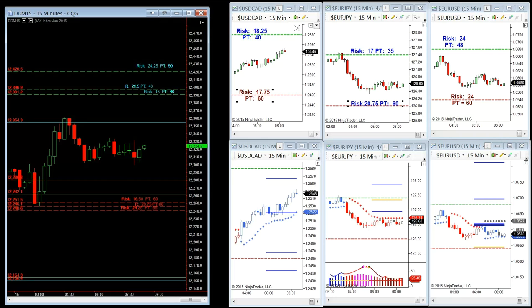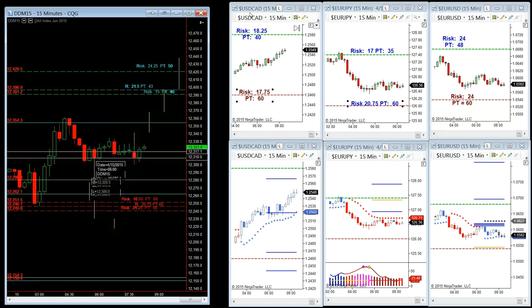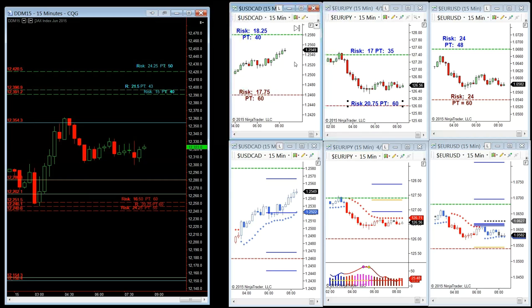They're really not lopsided, Stuart. Some of them are just because they've moved from where I entered the binary. For example, the Canadian, I entered it back in here. So, yeah, it does look lopsided because it's moved in my direction since entry. I try to take a median price.